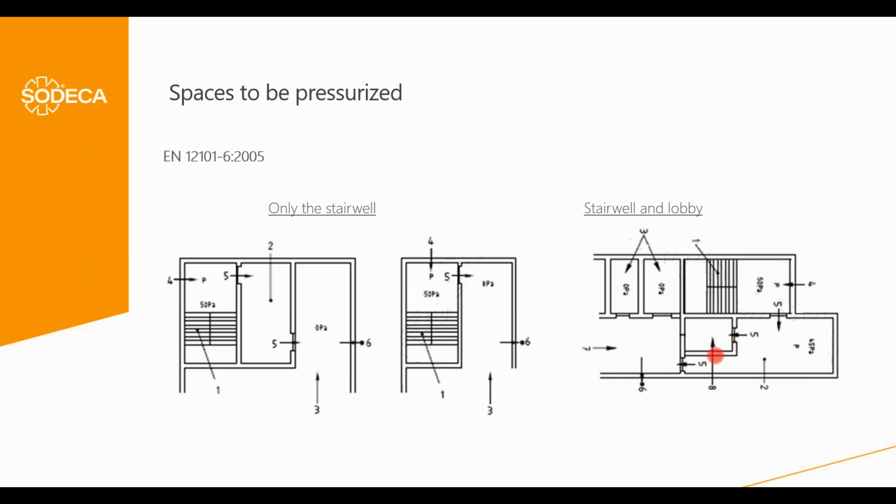That's why the old standard requires, with this configuration, to pressurize the lobby. If we pressurize the lobby, we don't have smoke migration into the lobby, or by pressurizing the lift shaft. If we pressurize this lift shaft, we have the same situation as before.